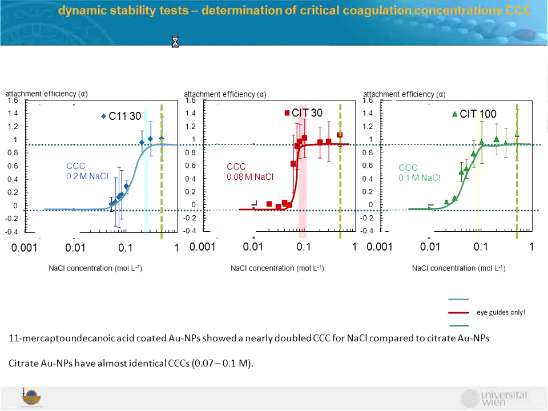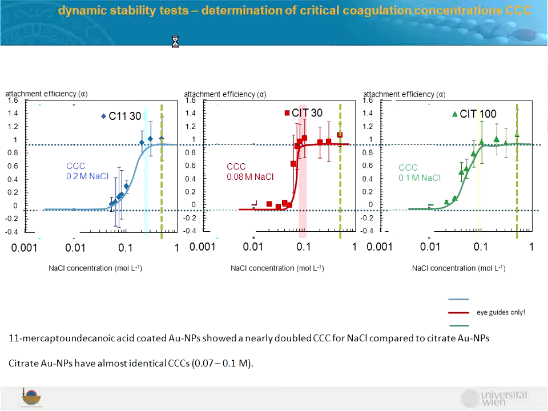So we can see very simply here that the CCC of the undecanoic acid-coated particles is higher, and the particles are less influenced by the sodium chloride concentration than the citrate stabilized ones. That is something we expected.